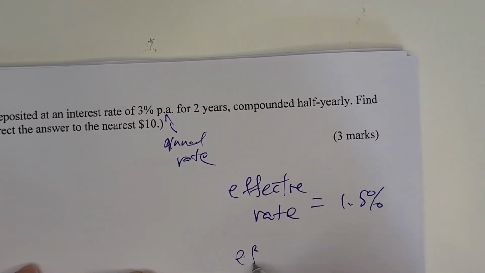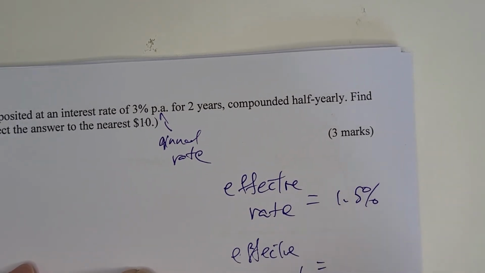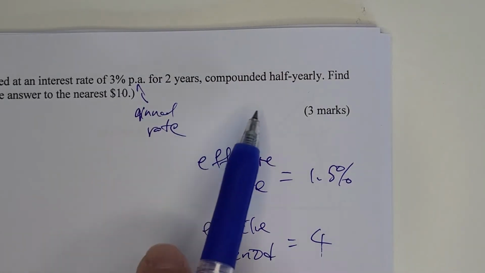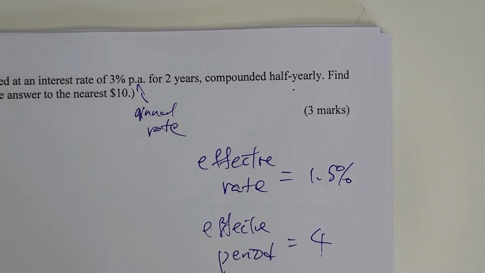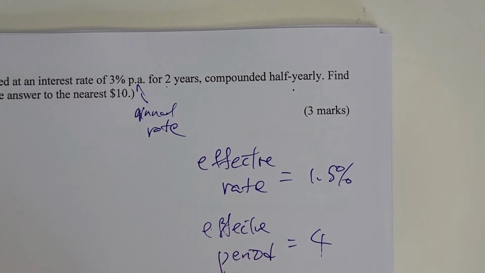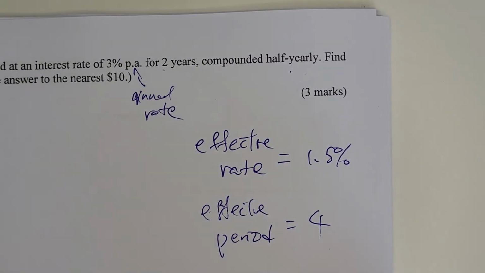And the effective period is 4, because every half year you count it once, so in 2 years you will count it 4 times. So we need to take 1.5% as the effective rate and 4 as the effective period.